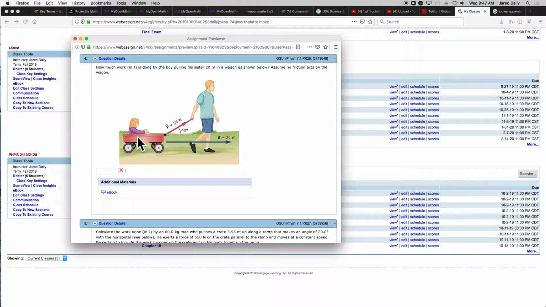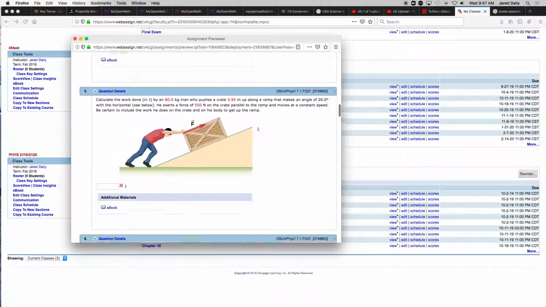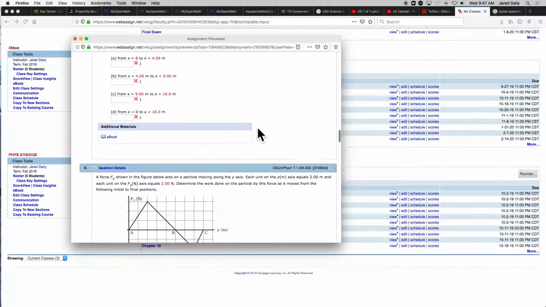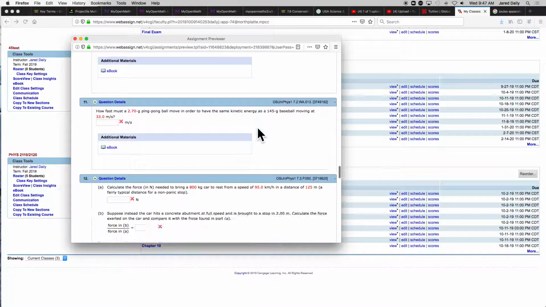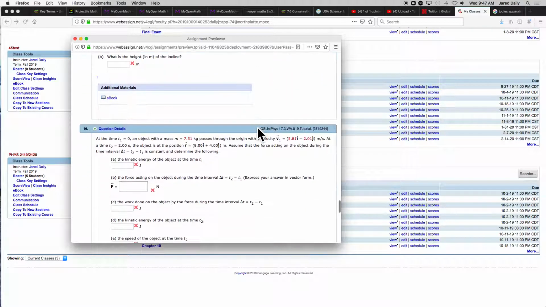Any others? That's what a lot of these problems are going to be making use of, the equations, the energy conservation equation.